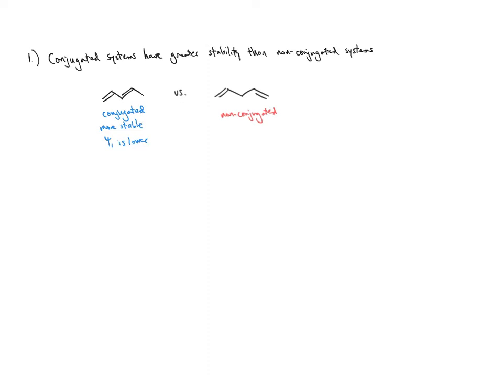And so because they're not interacting, their energy is going to be slightly higher. I should say one more thing: this idea of conjugated systems having greater stability than non-conjugated systems is a thermodynamic effect.